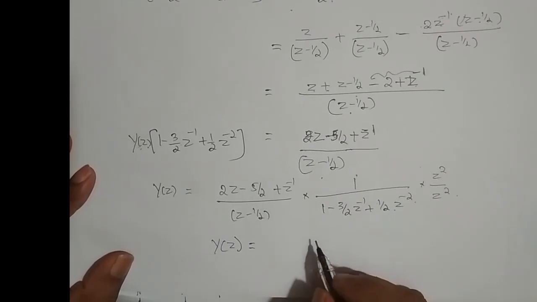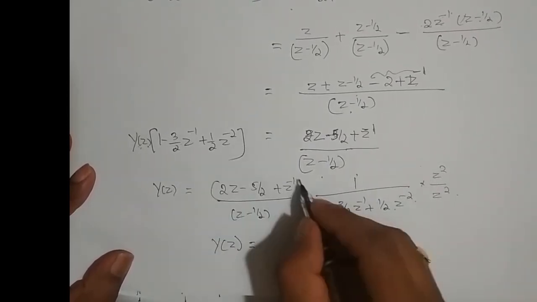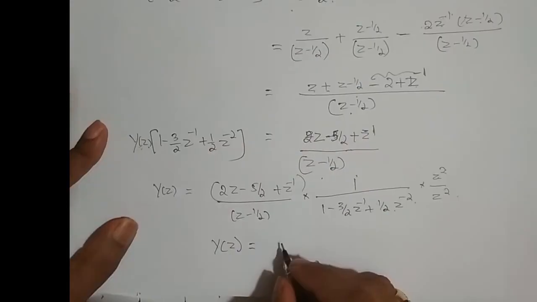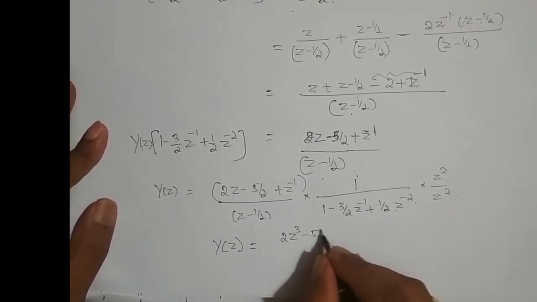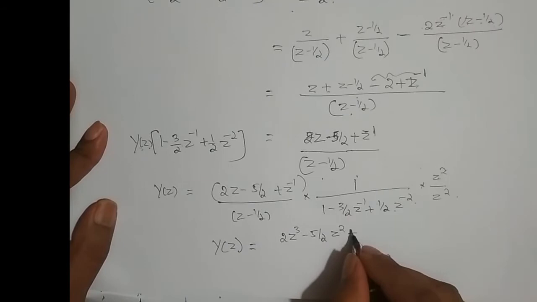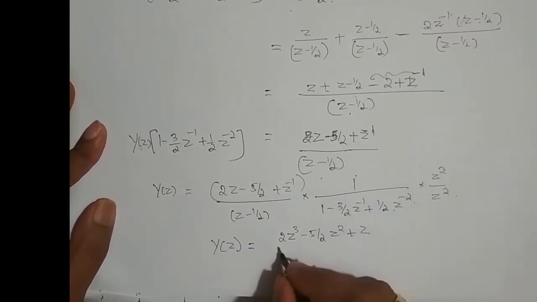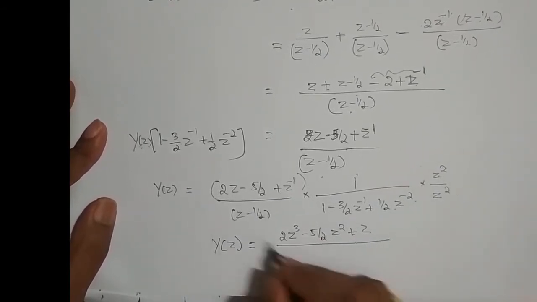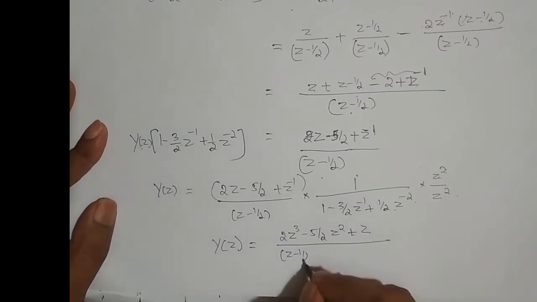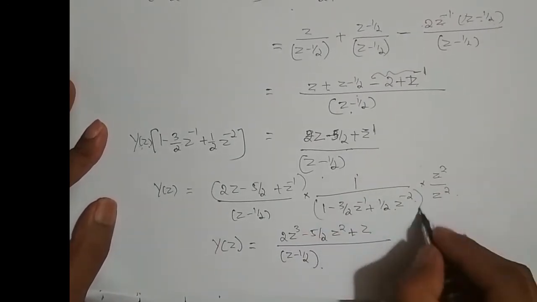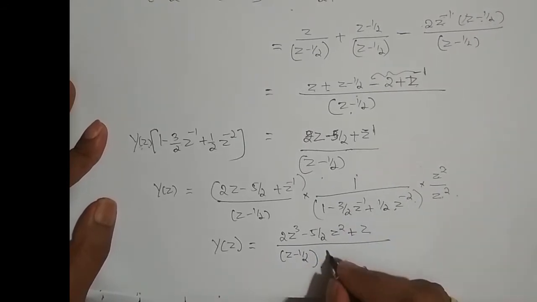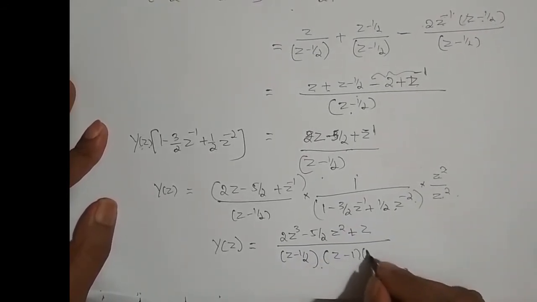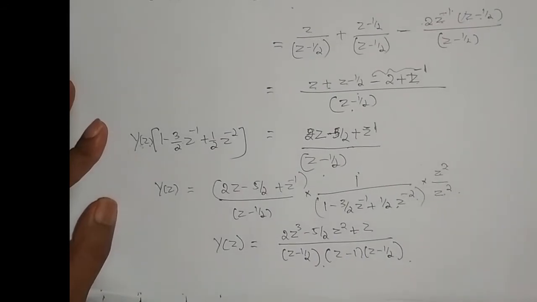When I multiply z square to the numerator, what do I get? 2z cube minus 5 by 2 z square plus z, whole divided by, so this is one pole z minus 1 by 2, and when I multiply this and factorize it, I get two poles. Since it's a second order system, I end up with z minus 1 into z minus 1 by 2.